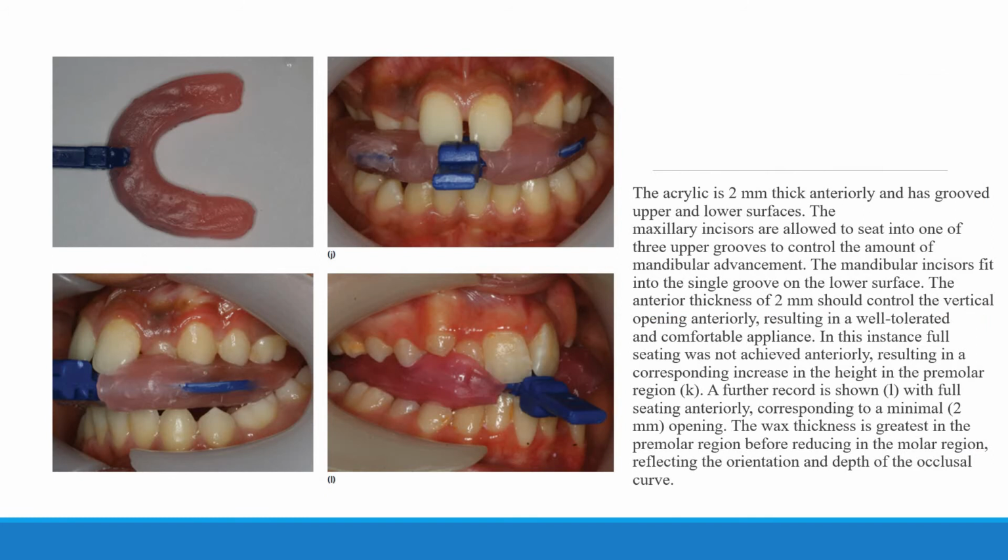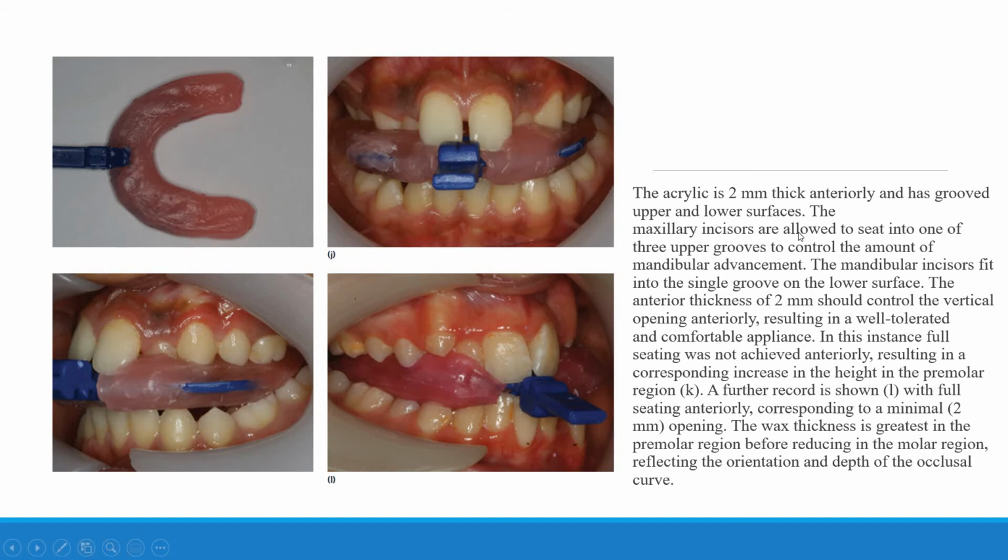with a sectional lower fixed appliance. Before preparing the twin block, we have to take the functional bite, because the acrylic should be 2 mm thick anteriorly and have grooved upper and lower surfaces.